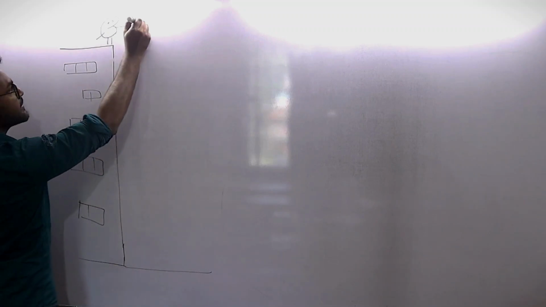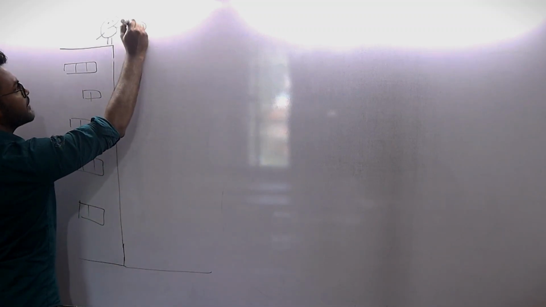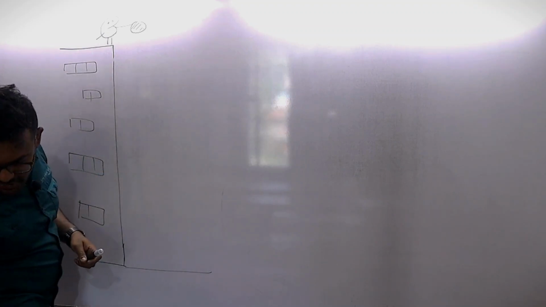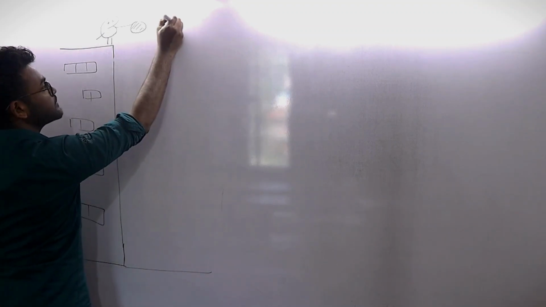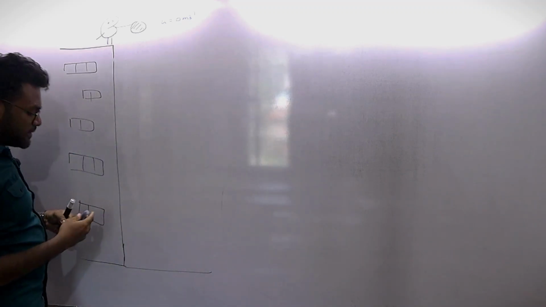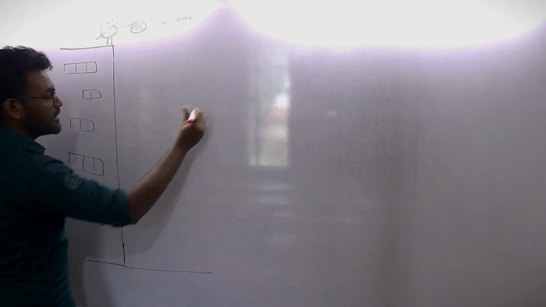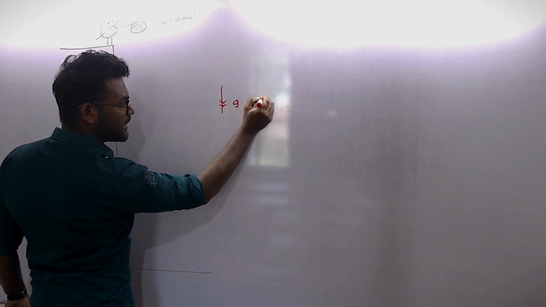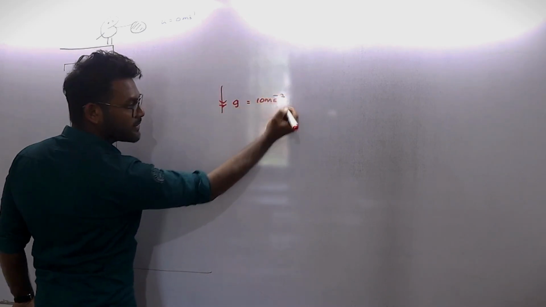This is the mass, maybe a ball or whatever. So the initial velocity is going to be 0, and we know that this is falling down under gravity, so it is g. That has to be 10 meters per square second.